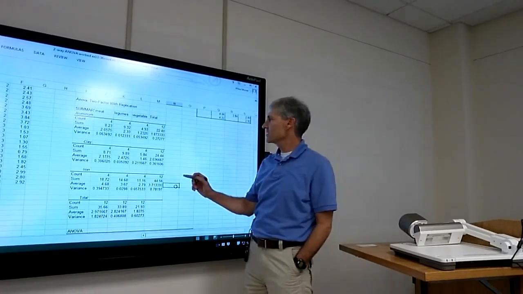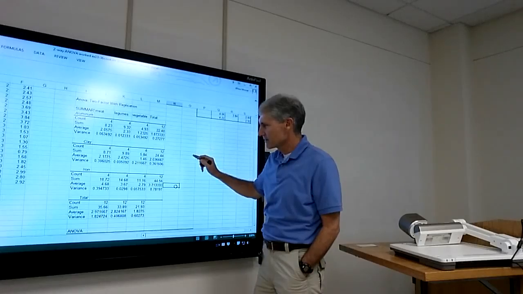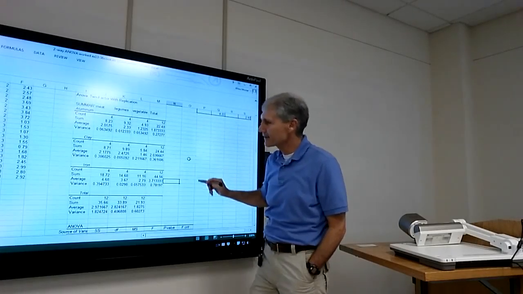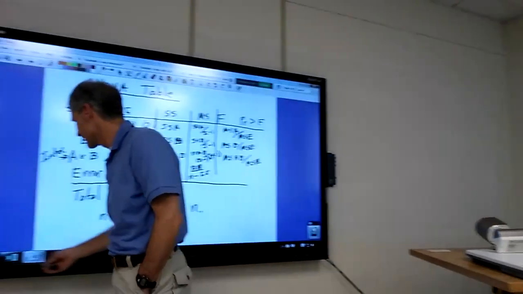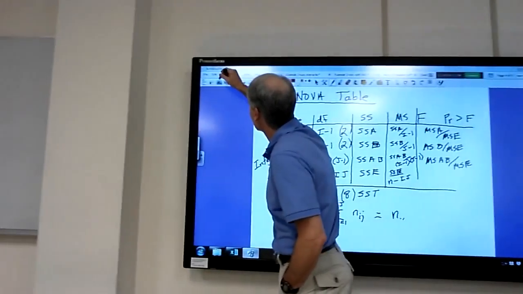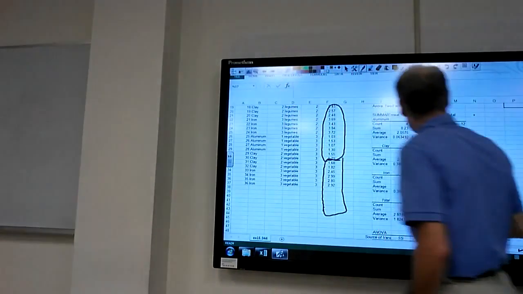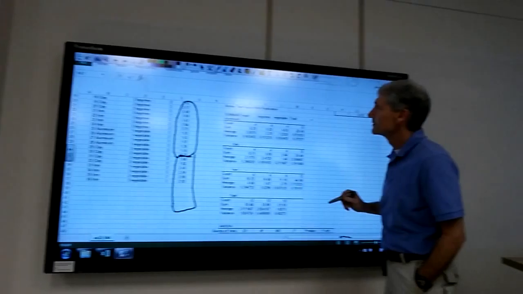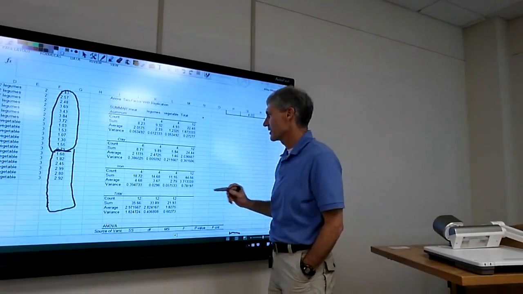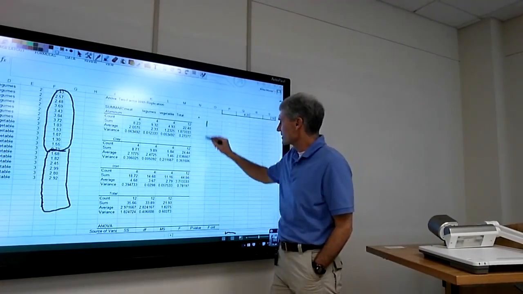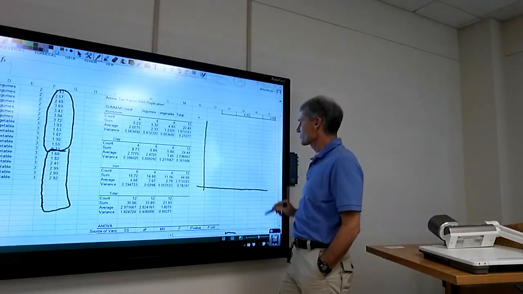Okay, think about a means plot. Can I draw on that right now? Make sure you're on the mouse. Oh, you are drawing. Can we sketch an interaction plot?